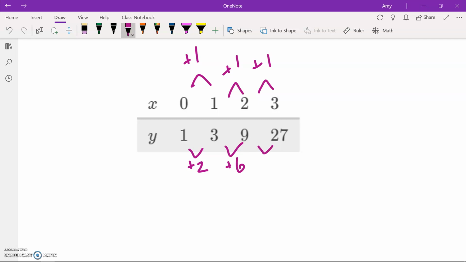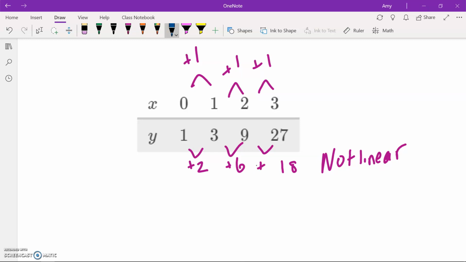And if we look here, this is actually +18. So if you notice, those are not changing by the same amount every time. Each time I added a different amount. So we know that this cannot be linear because we're not adding the same amount every time.